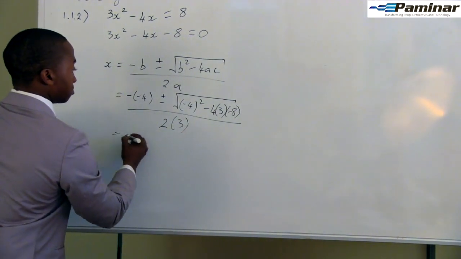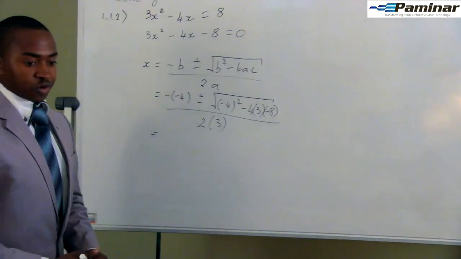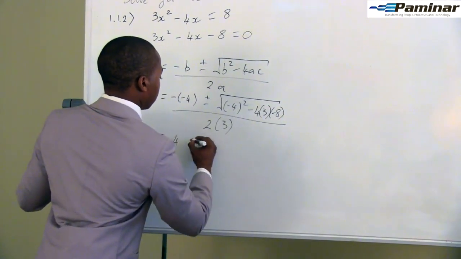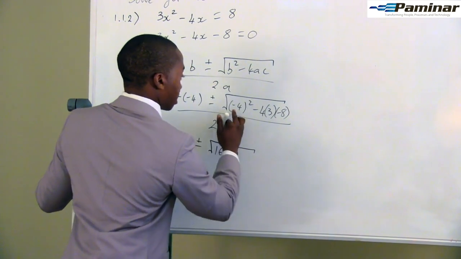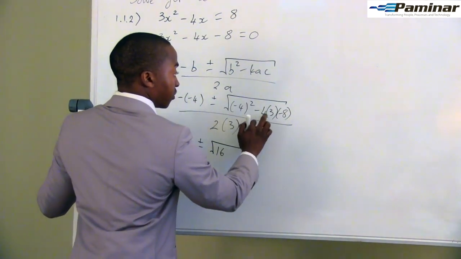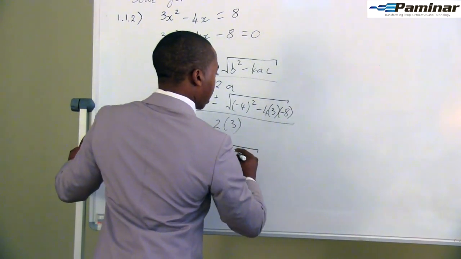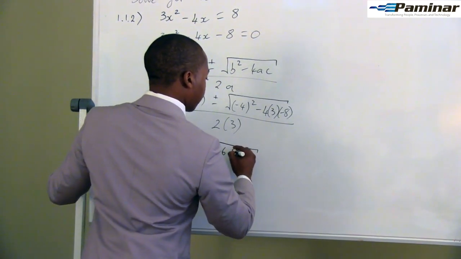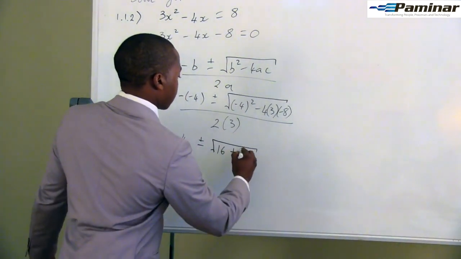Then once again, you could either use your calculator, it will be more straightforward if you do so, or you could do it manually. This becomes 4 plus or minus the root of 16, because negative 4 squared is 16. 4 times 3 is 12, and then 12 times 8 should give us, if not mistaken, 96.